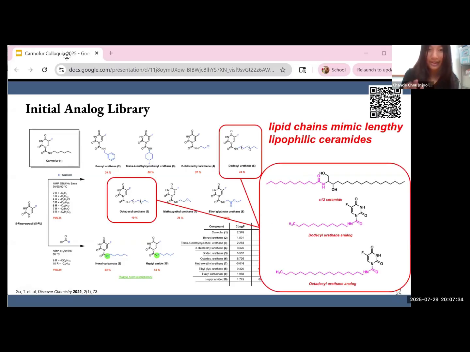And I would like to draw your attention to dodecyl and octadecyl urethane, as these analogs were designed to mimic the kind of lengthy lipophilic ceramides that bind to acetoceramidase. And as Kathleen mentioned, our results are published in Springer Nature in the QR code above.